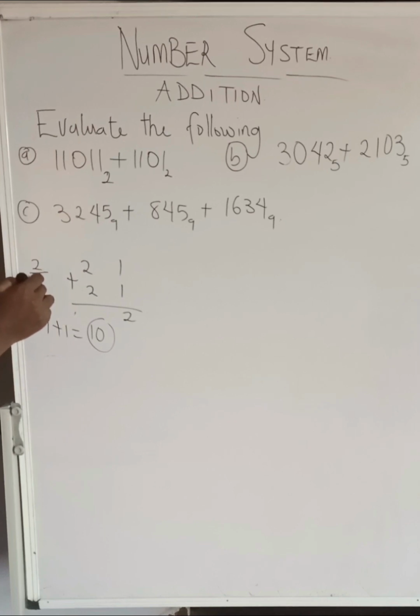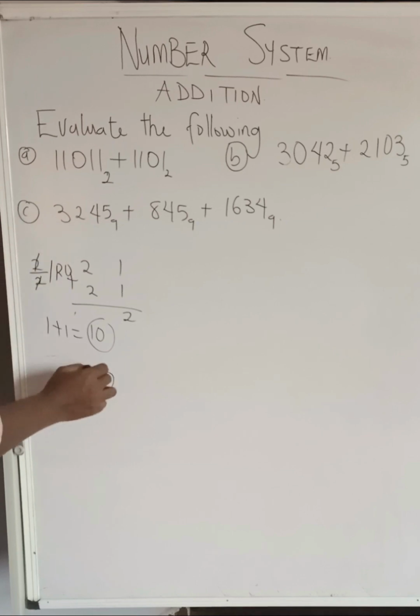If you divide by 2, we go into 2 once and remain 0. So normally, when you are adding numbers in other bases, we write down the remainder and take the quotient to the next number. All right, so we write down the remainder. You should take note of this when you are adding number bases like this.